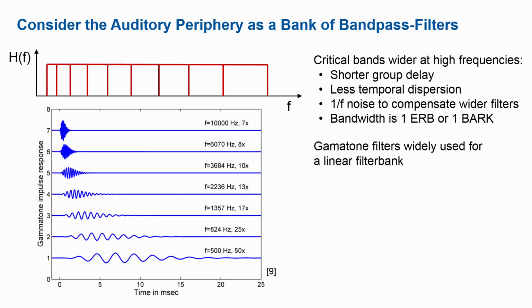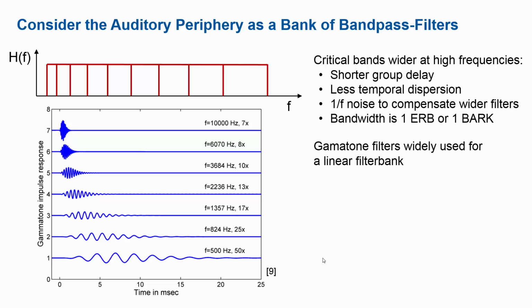This graph depicts the so-called gammatone filters, which are very widely used when we consider the auditory system as a linear filter bank. And you can see here nicely that for low frequencies, here for 500 Hertz, where the filters are narrow, the ringing of the filter is very long.